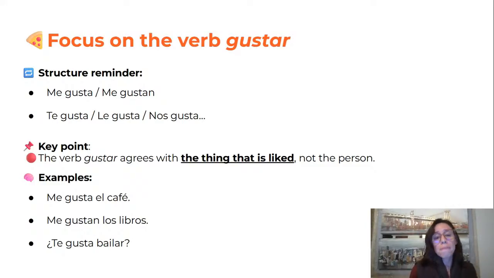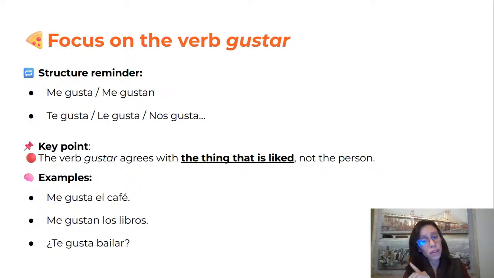Okay. So that was a recap that I was trying to explain. So gustar is a regular AR verb, which uses the endings of a regular AR verb. It also agrees with the thing that is liked. That means if we like one thing, we will use gusta.